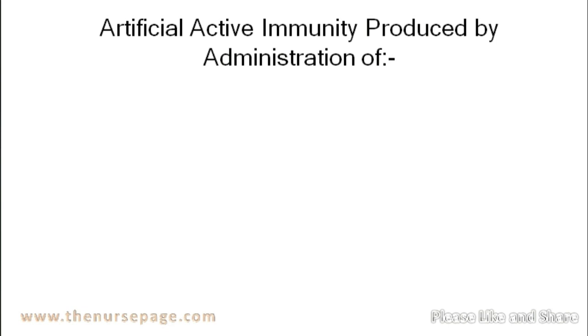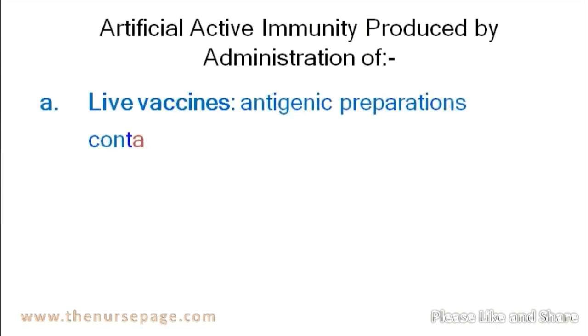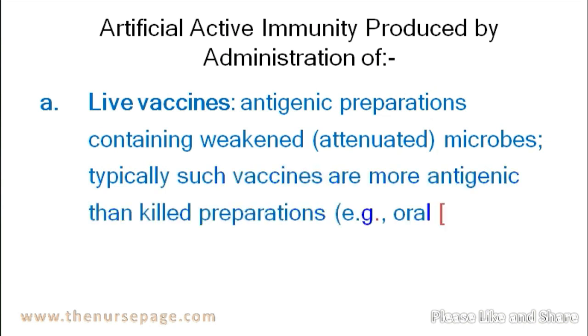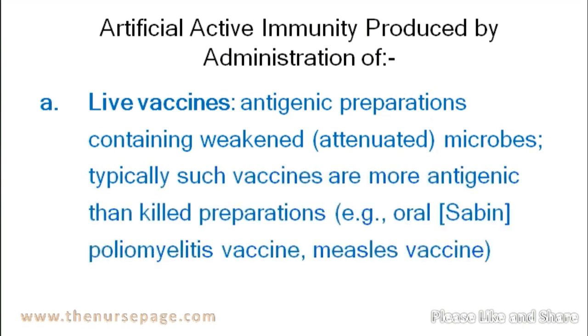Artificial active immunity is produced by administration of live vaccines. Antigenic preparation containing weakened or attenuated microbes. Typically such vaccines are more antigenic than killed preparations. Examples: oral polio vaccine or measles vaccine. These are the examples of live vaccines. So live vaccine is more antigenic than killed vaccines.